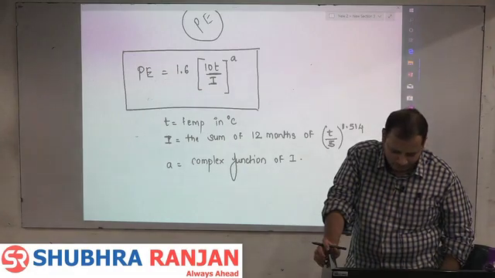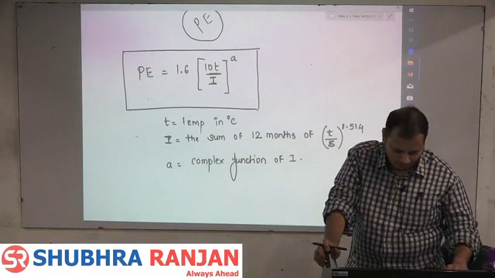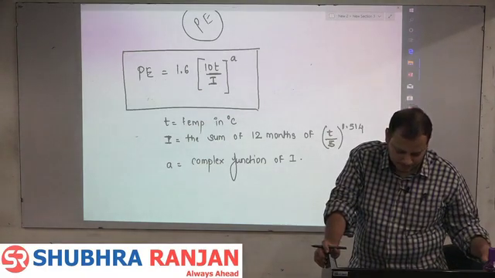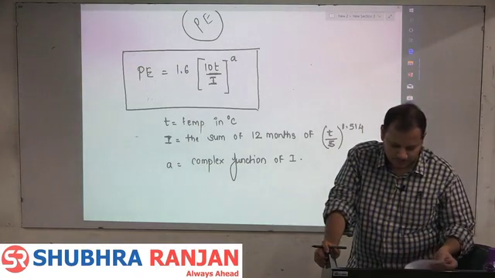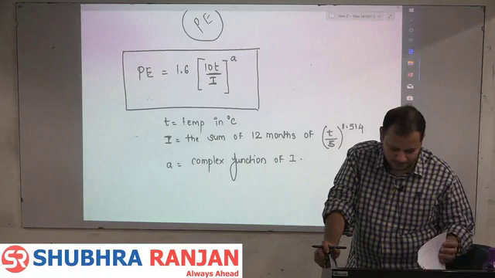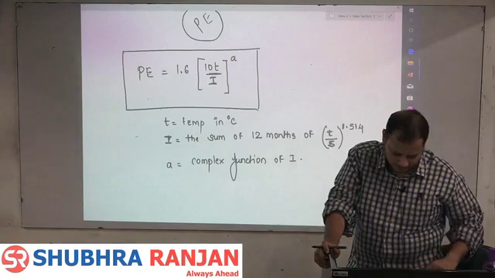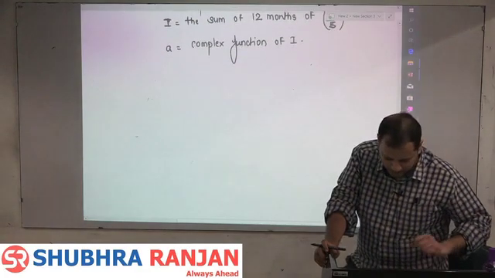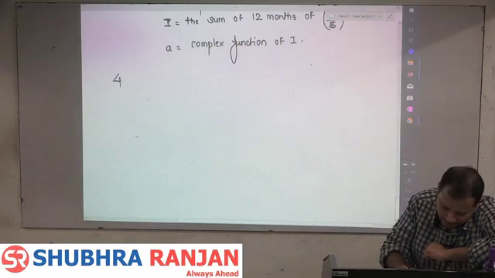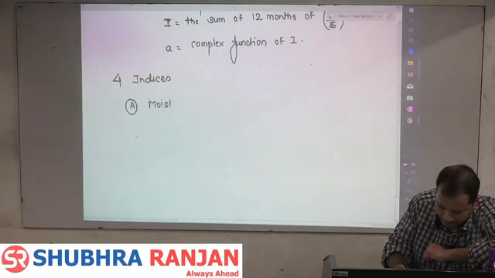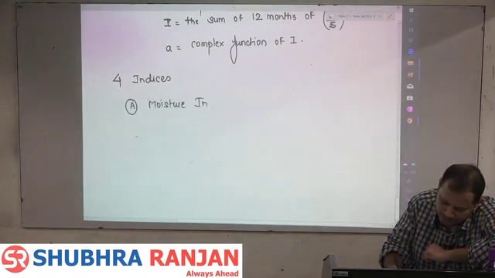To determine the boundaries of different climates, Thornthwaite developed 4 indices. First, moisture index, which depends upon moisture.